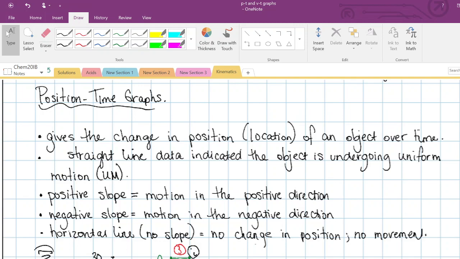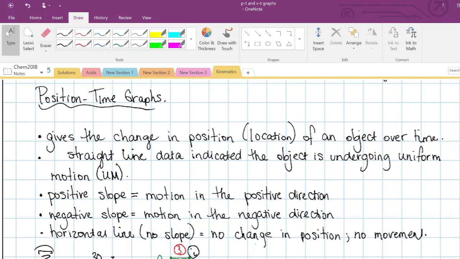Okay, so we chatted a little bit last time about position and what that indicates. When you see a position time graph, what that tells you is the location of that particular object. Kind of like the coordinate systems. If you were looking at a grid system on a map or something like that, that would be the position of that particular object.